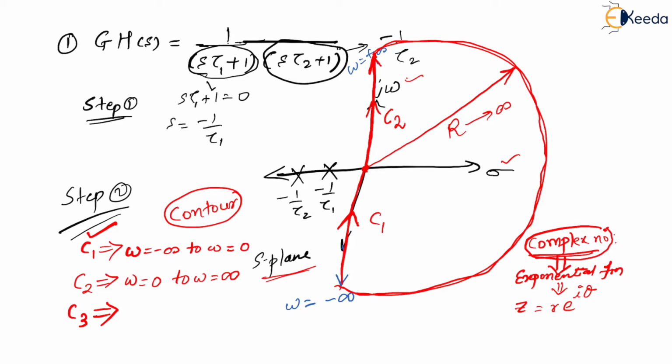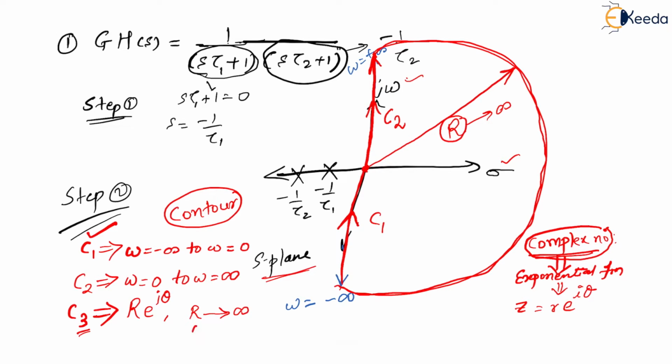Similarly, to show this particular circle, I will use r into e to the power j theta, because capital R is the radius of this circle, which is going to infinity. So C3 is r into e to the power j theta with r moving towards infinity.